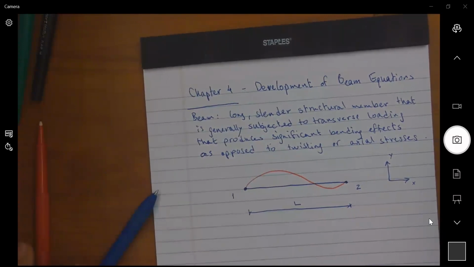So primarily, we have degrees of freedom of a translation in the transverse direction, the same direction the beam is expected to be loaded, as well as rotation. And when I'm working in the XY plane, this rotation is going to be about the z-axis. Usually when we're working in plane, we refer to it as clockwise, counterclockwise, because it's all about the same axis, the z-axis, right? So I can put 2 degrees of freedom per node, total of 4 degrees of freedom.